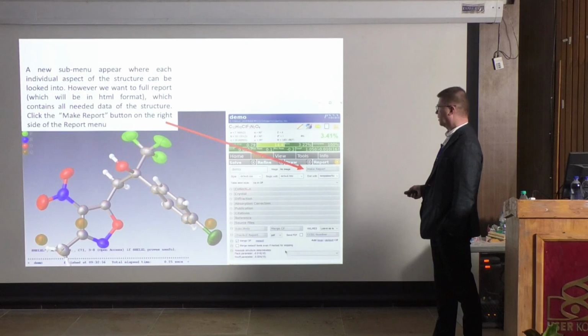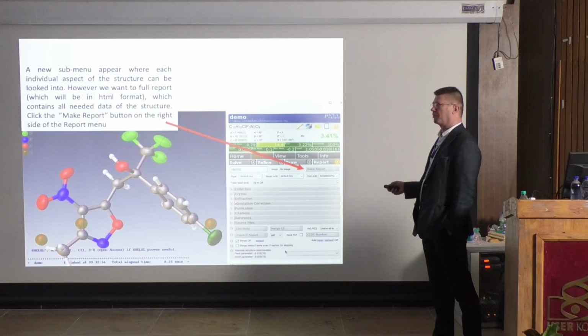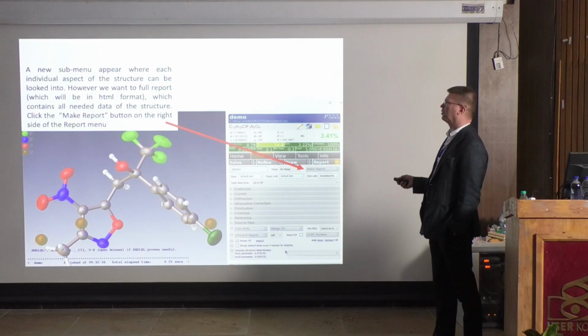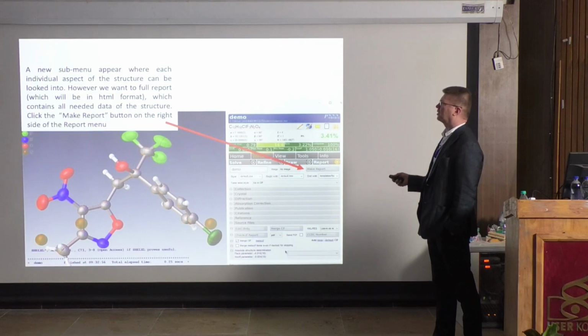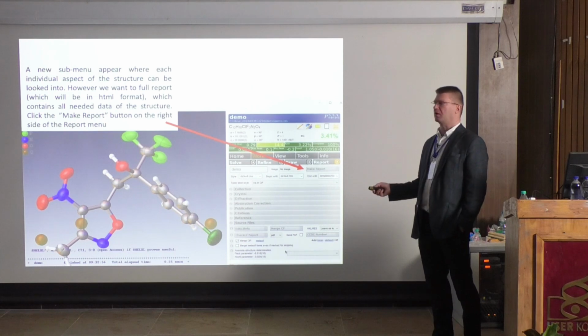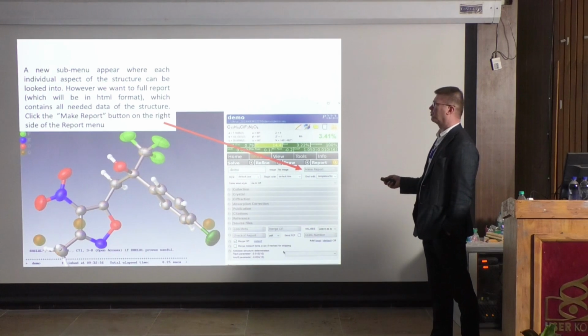So you can see here: collection, crystal, diffraction, absorption, publication, and so on. There's a lot of info here. But because it's a new structure, some of this is of course blank, we don't know it yet. The point is that we want to have a full report out of it, in an HTML format, so we can open it in the browser.